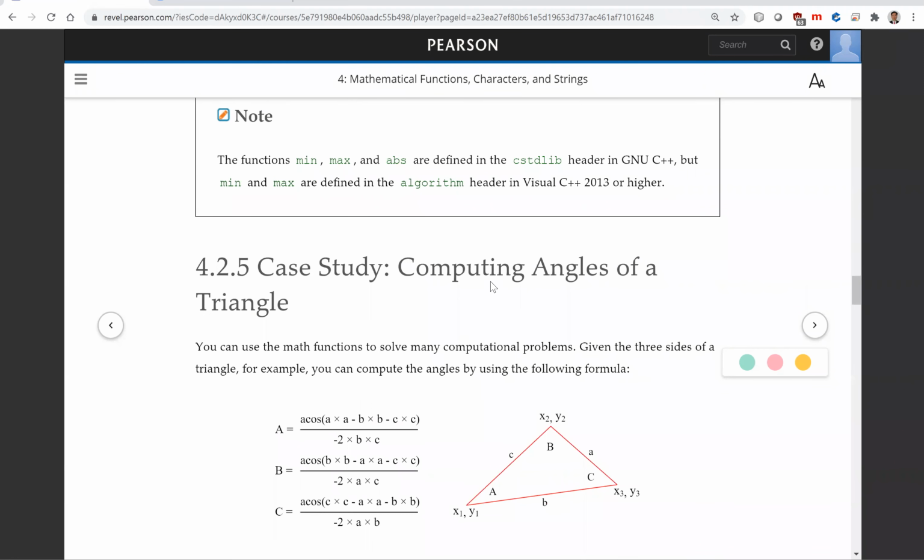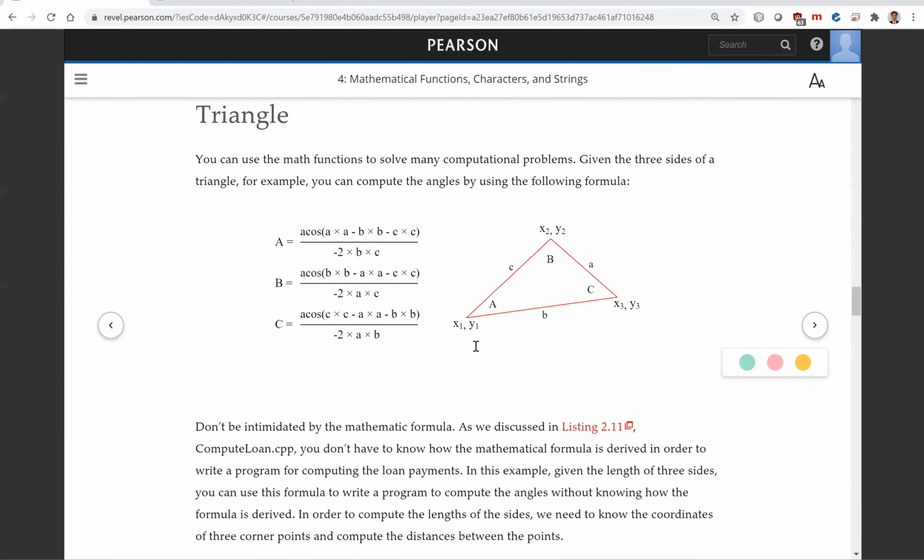Let's look at this example, computing angles of a triangle. Given 3 points, each point has 2 coordinates, x and y. So these are x1, y1, x2, y2, x3, y3. We're going to compute the angles A, B, C. This is the formula.